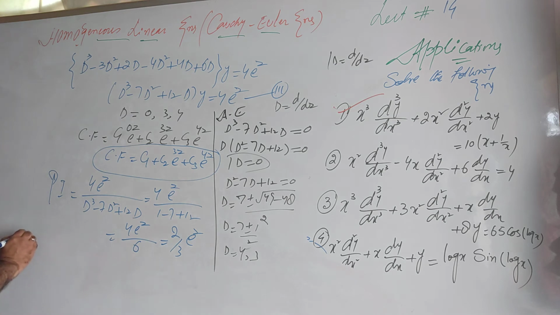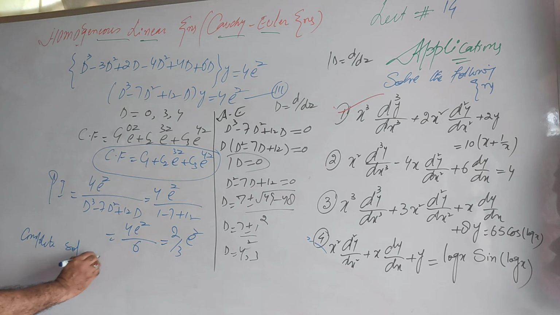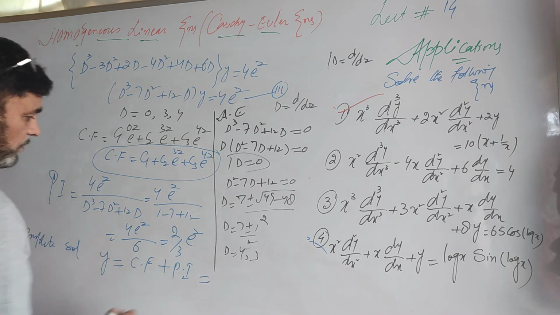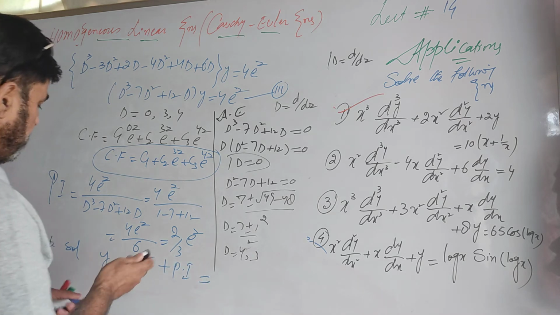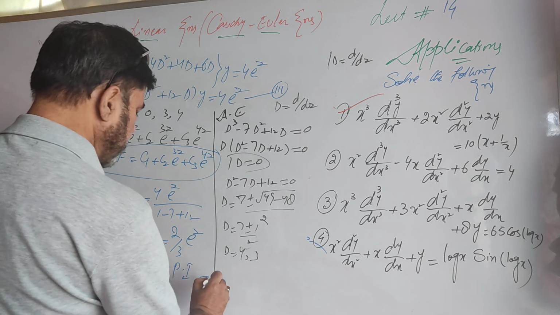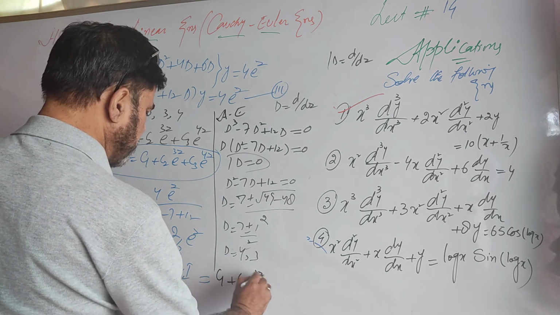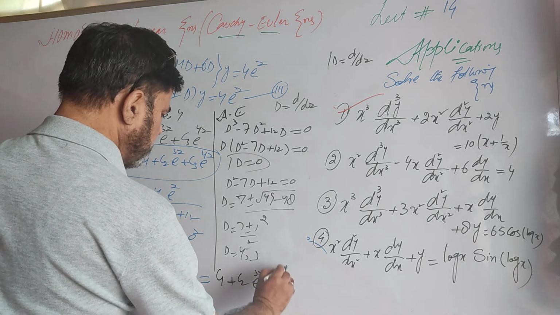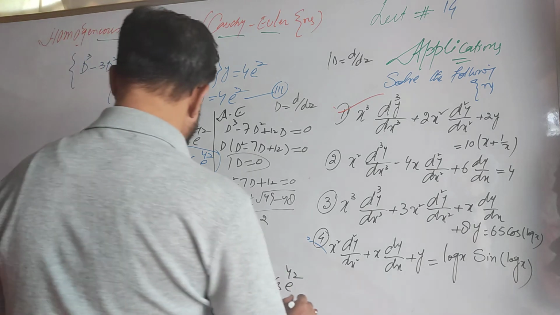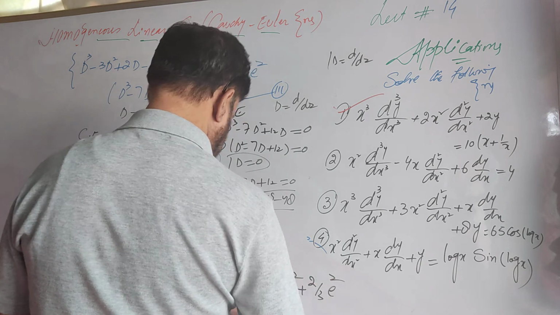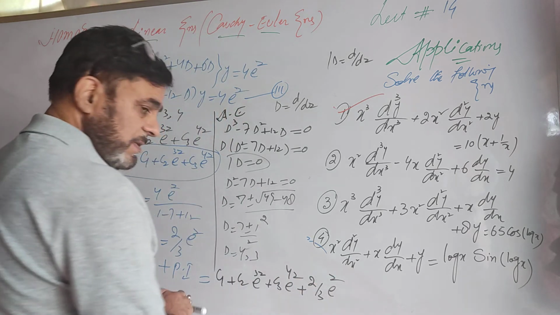So what is the complete solution? The complete solution is y equal to complementary function plus particular integral. Your complementary function is c1 plus c2 e raised to power 3z plus c3 e raised to power 4z, then plus 2 by 3 e raised to power z. Look here, what was your substitution?